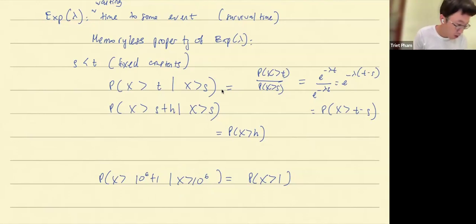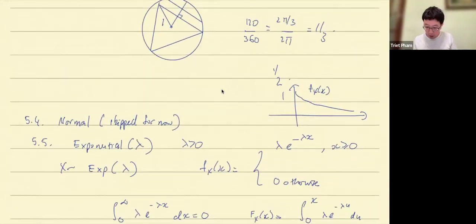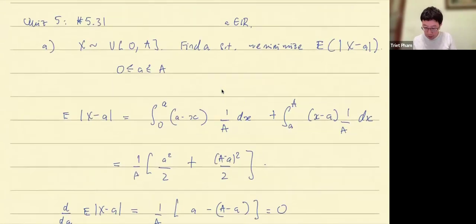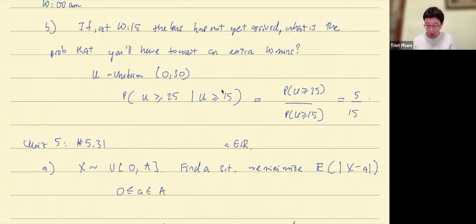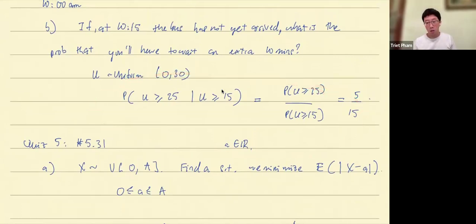All right. I just want to draw back to the calculation here with the uniform, and point out that it's really not memoryless. The reason is that if it were memoryless, the answer here should be equal to the probability that U is bigger than or equal to 10, because it's 25 minus 15.